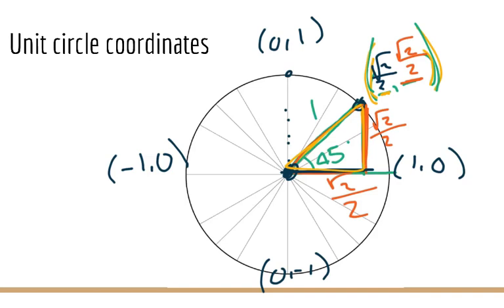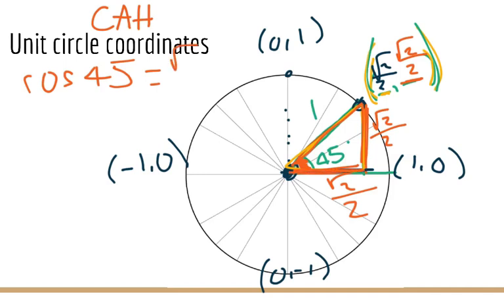Okay, so what if I asked you to do something like, tell me what the cosine of 45 is? Just straight up, what's that value? Without typing it on your calculator, because I want to get an exact answer. Well, we have a triangle right here with a 45-degree angle. So based on this 45-degree angle, the cosine, which remember is adjacent over hypotenuse, that would be, based on this triangle, the adjacent side is right here, square root 2 over 2, and the hypotenuse is just 1.